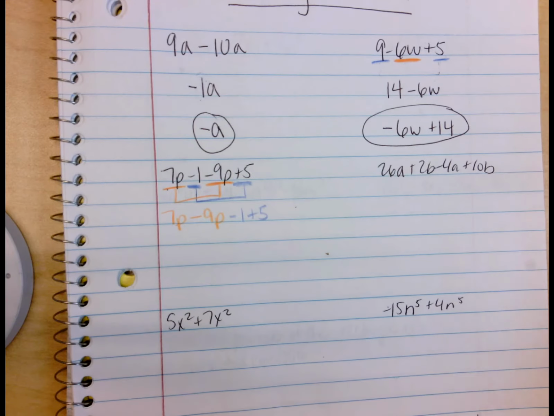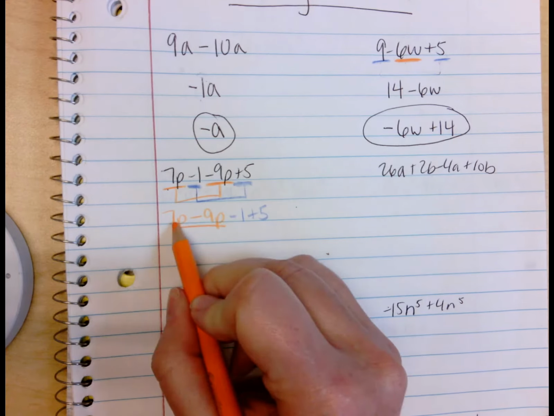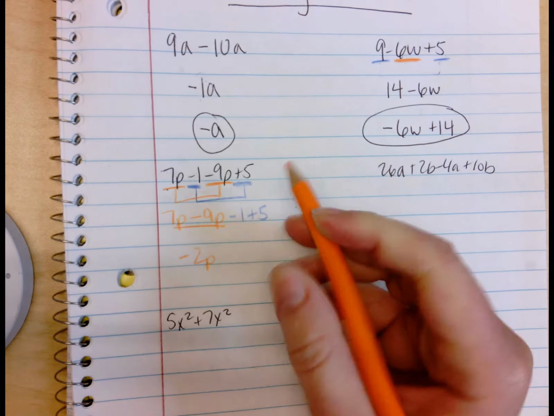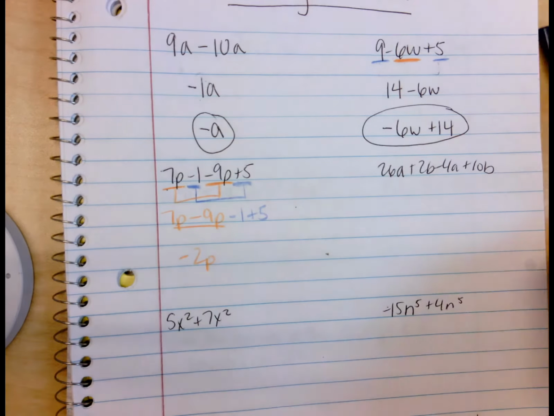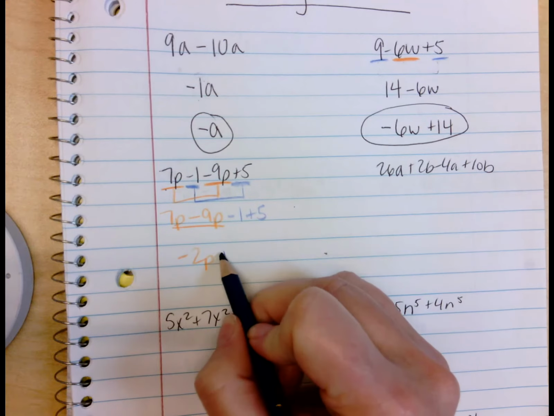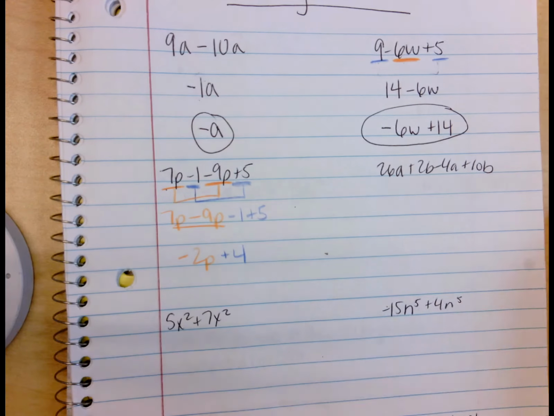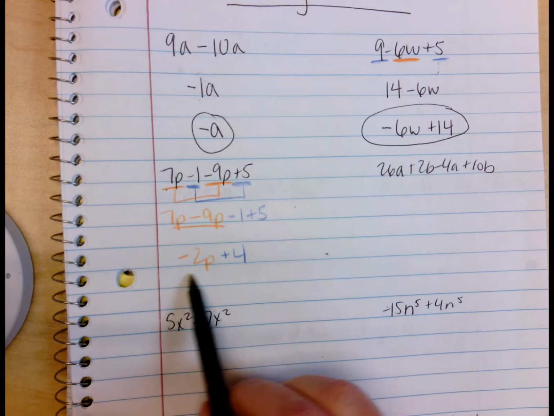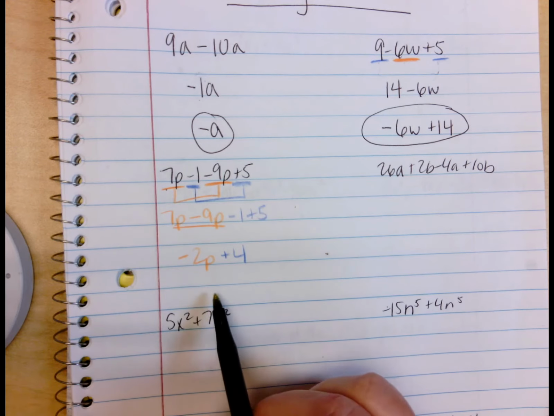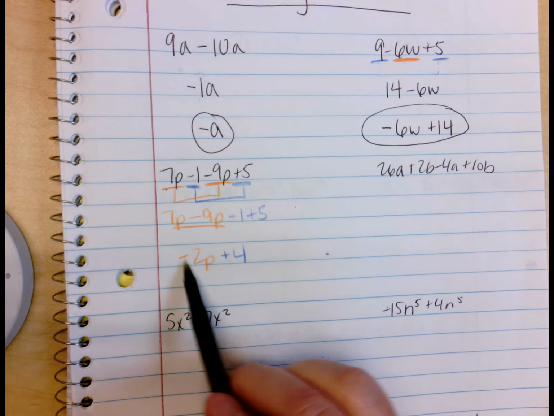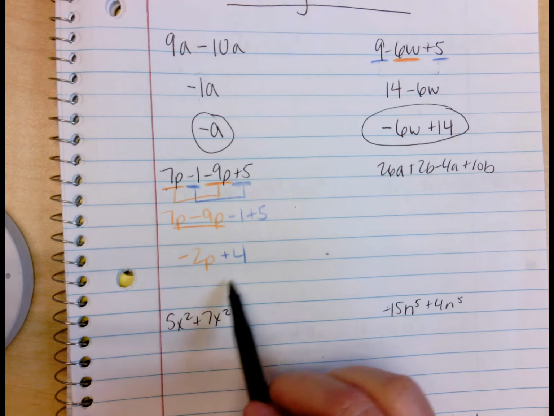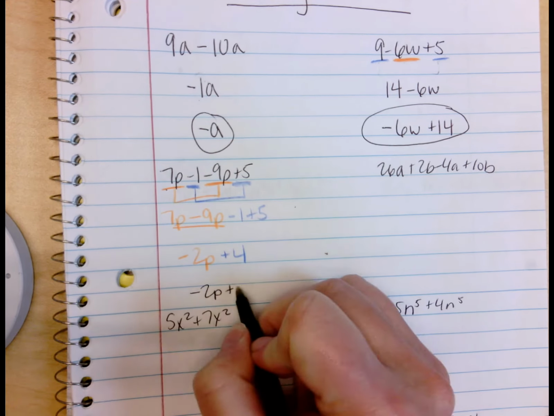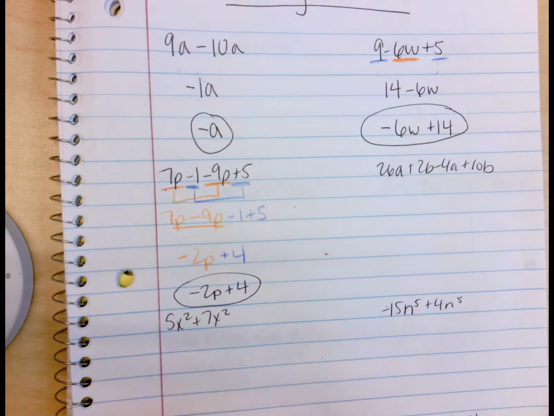So when I combine these, 7 minus 9 is -2, and -1 plus 5 is +4. Now these can no longer be combined because they are as simple as they can be. There is nothing else that I can combine this -2p with, nothing else I can combine that 4 with, so my final answer is going to be -2p plus 4.